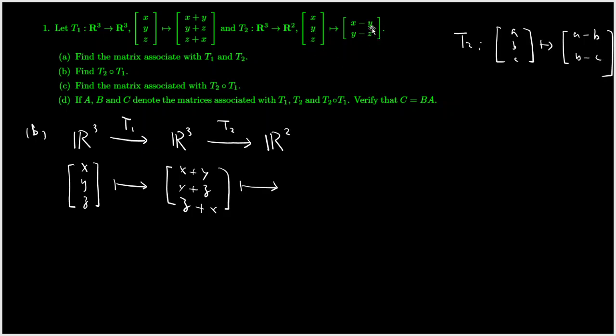Does that make sense? And then the second component in the output is the difference between the second component in the input and the third component in the input. So do you know what I mean? Either way, it's okay. To some of you, this way could be simpler.